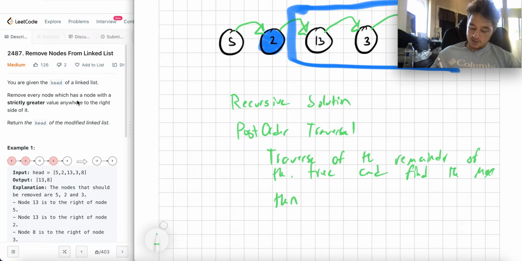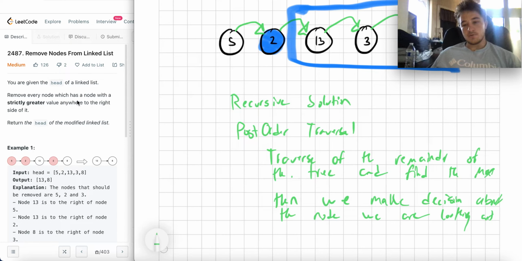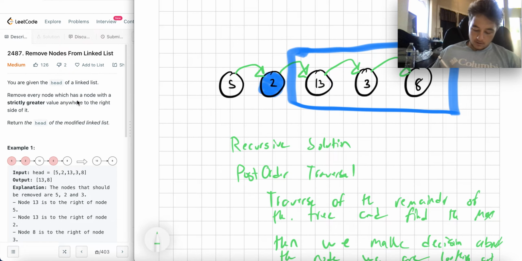Then we make a decision about the node we're looking at. So if we looked at this list, let's look at it in terms of a post-order traversal.